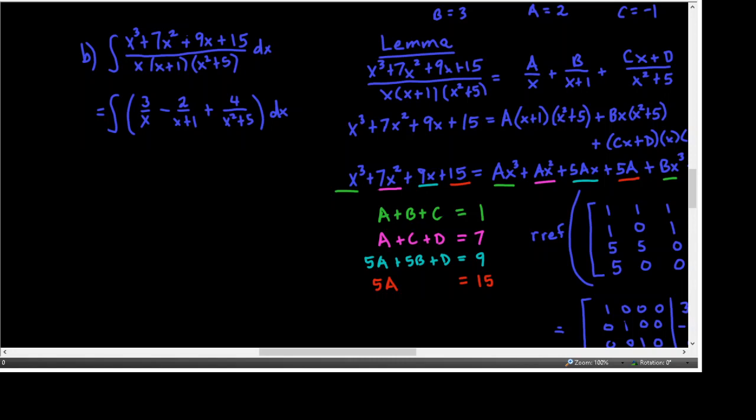Okay, so that's 3 ln of the absolute value of x minus 2 ln of the absolute value of x plus 1 plus 4 over a, which is square root of 5, tangent inverse of u, which is x, over a, which is square root of 5, plus c.